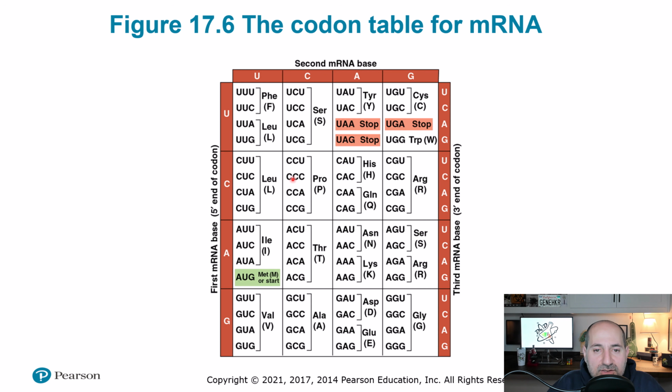So I just changed this first C to an A. Well, CCC should have coded for proline, the amino acid, but guess what? ACC codes for threonine. Isn't that interesting? So that's known as a missense mutation. I changed one nucleotide, and I got a different amino acid.